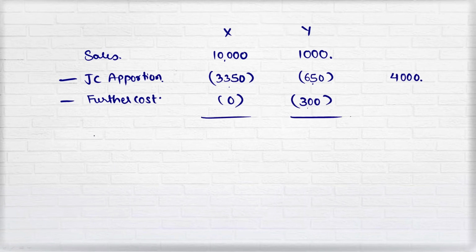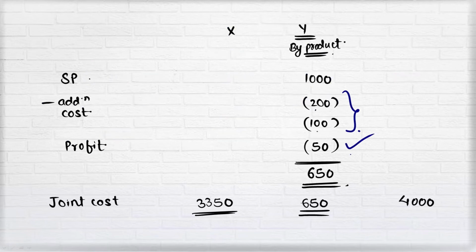What is profit of X? It is 6,650. What is the profit of Y? It is 50 rupees. Which was expected by Y? Alright. So Y wants to earn a profit of 50.